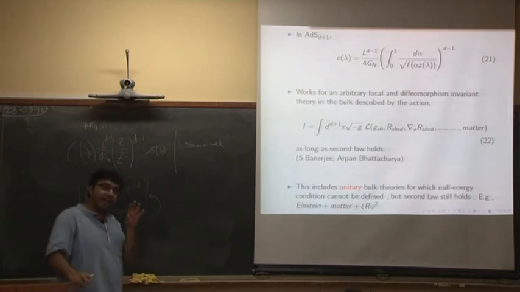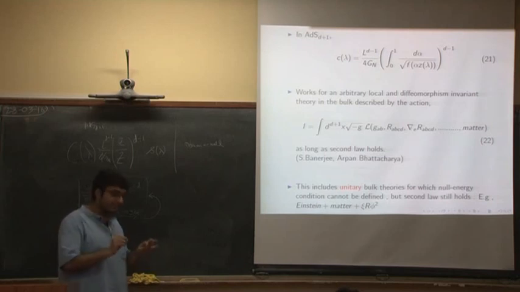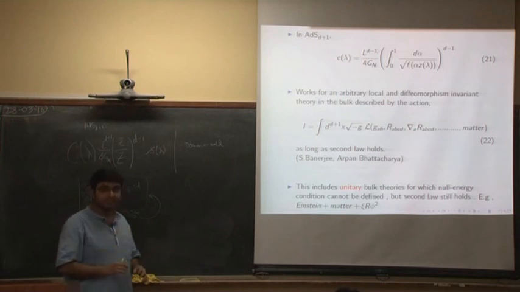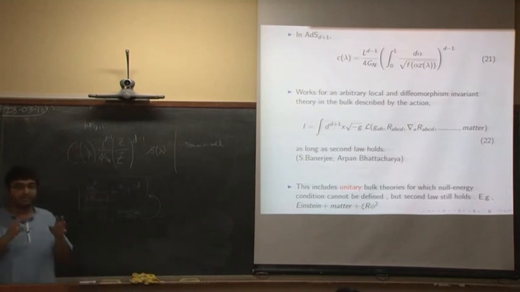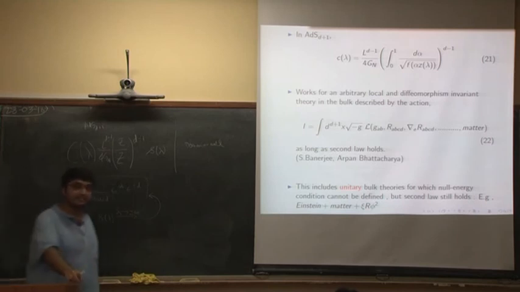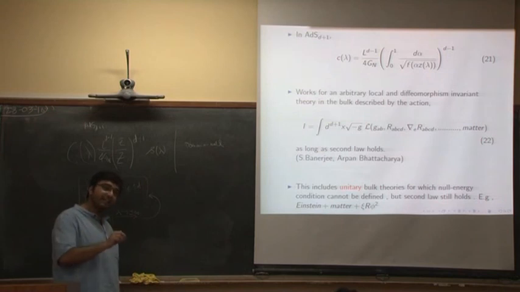So what I am assuming is that if the second law holds, that you have given me some expression which you have already checked satisfies the second law. In that case, given that, I can construct a C function.